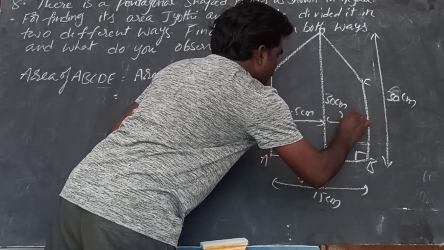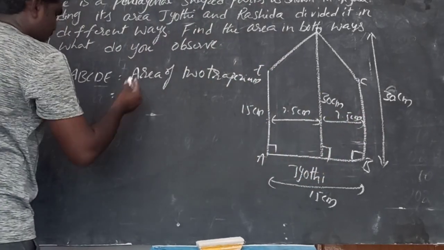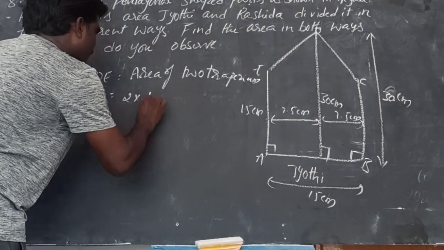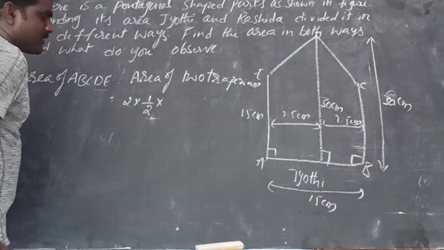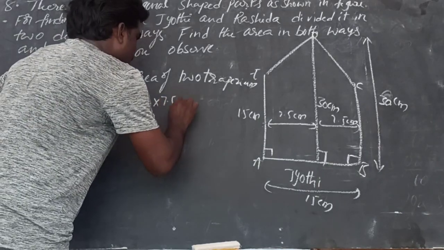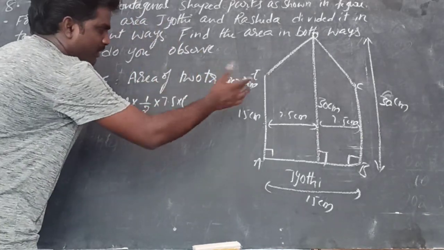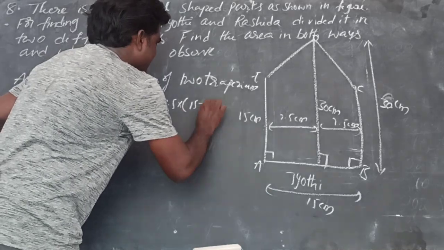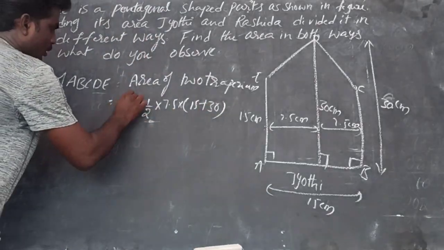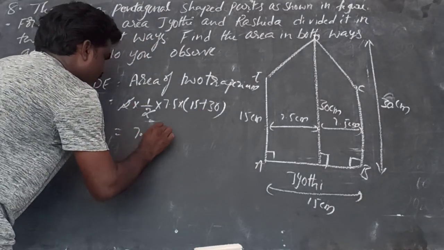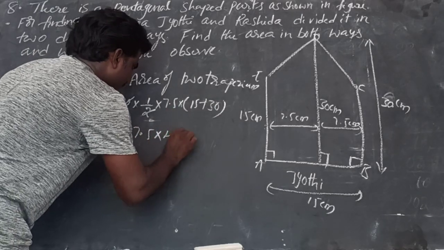So it is half into 7.5 into the sum of the parallel sides, 15 plus 30, which is 45.